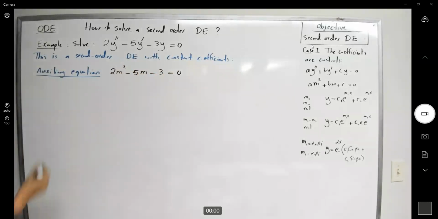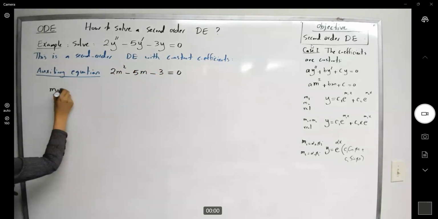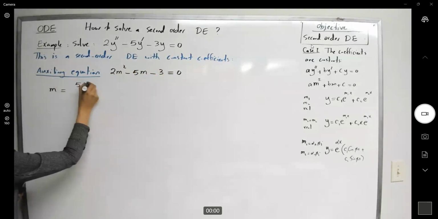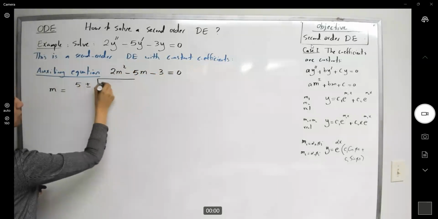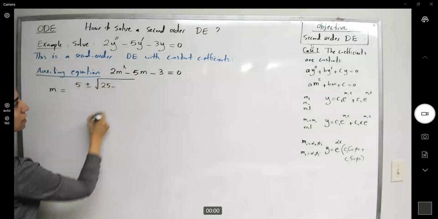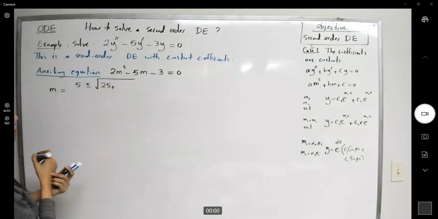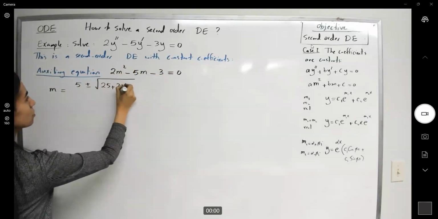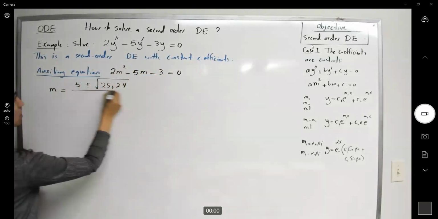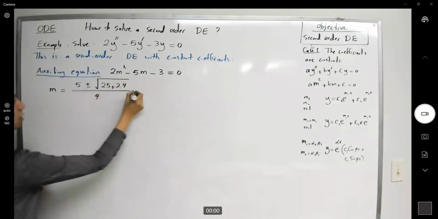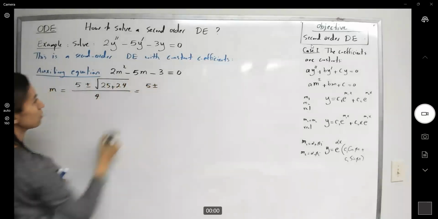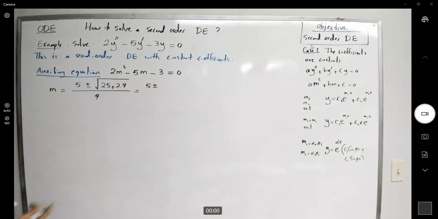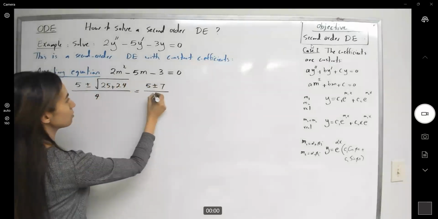Well, we can solve this quadratic equation. m is equal to negative b, 5, plus or minus the square root of b² - 4ac, which is 24, divided by 2a, or 4. So m becomes 5 plus or minus the square root of 49, which is 7, divided by 4.